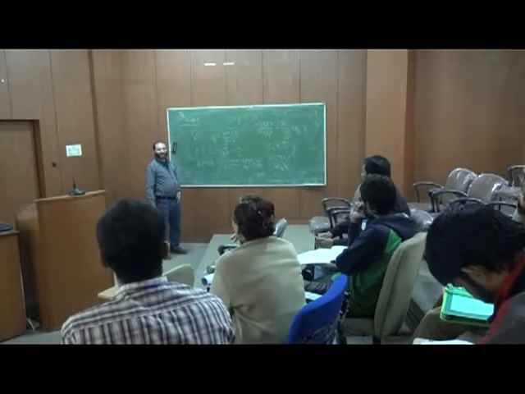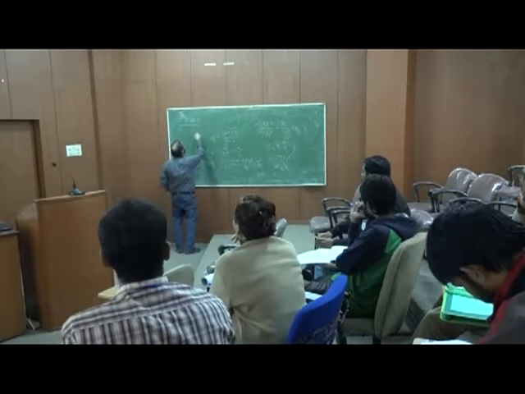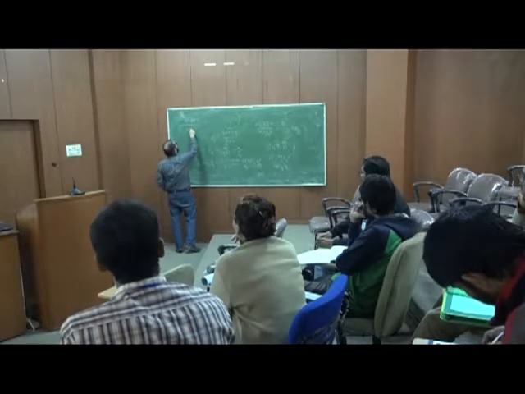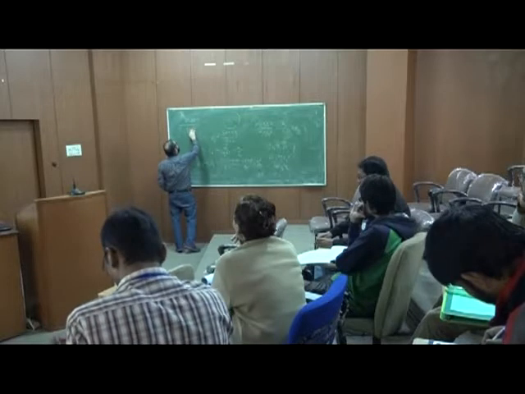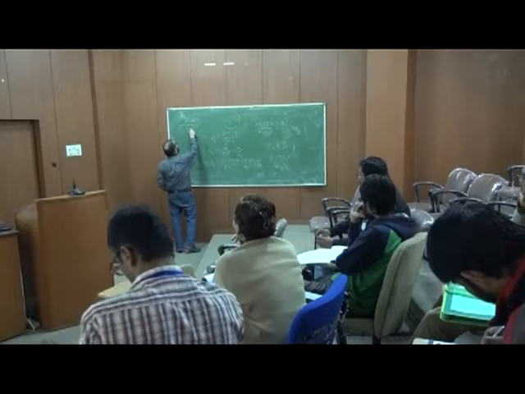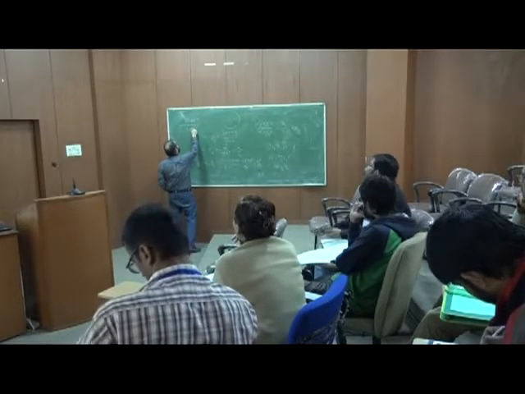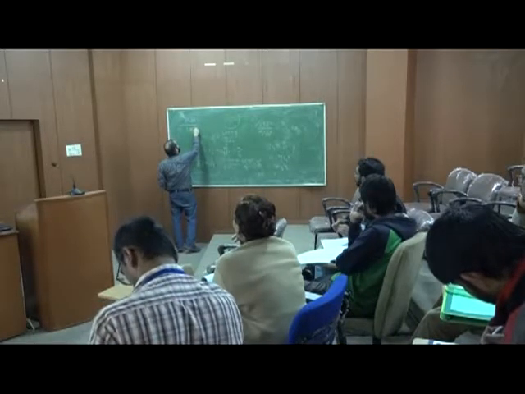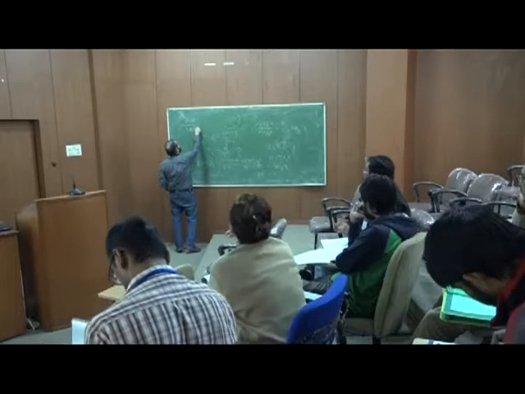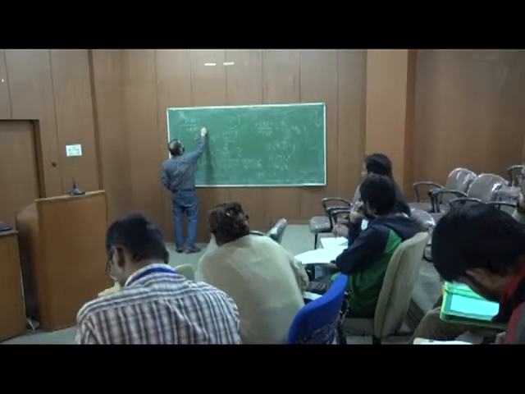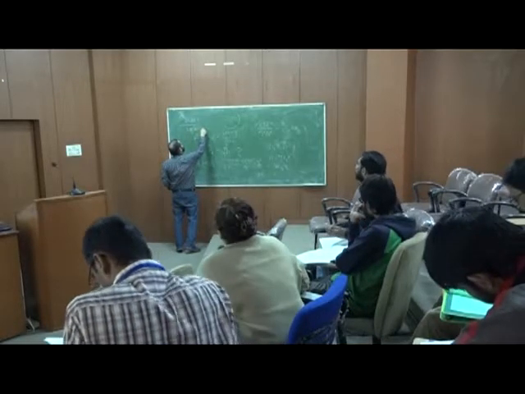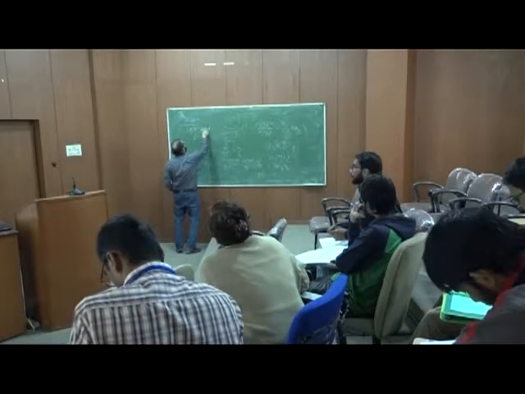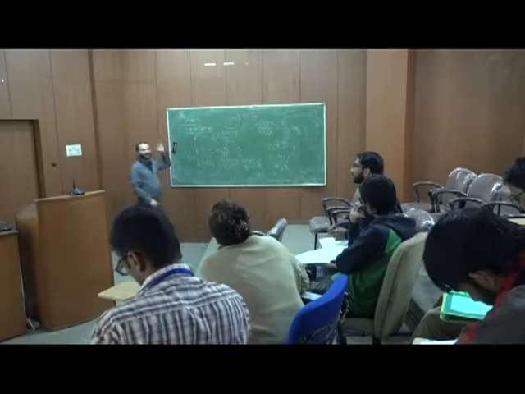Now in flat space, this reduces to the integral of the square root of (dx/dλ)² plus (dy/dλ)² plus (dz/dλ)² dλ. This is simply the proper length.